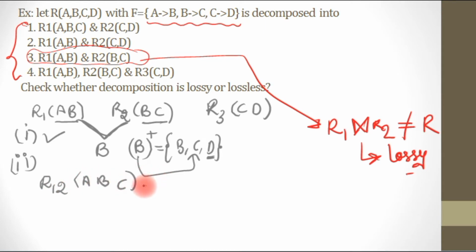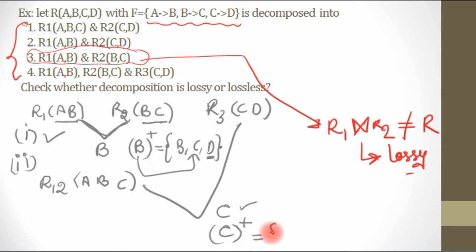Now check whether we can combine these two relations or not. Both relations have a common attribute, that is C. That's good, so the first condition is checked. Now is C the super key of any relation or not? So find the attribute closure of C, that is C and D. So yes, C determines D. In this, C determines D, that's why C is the super key of R3.